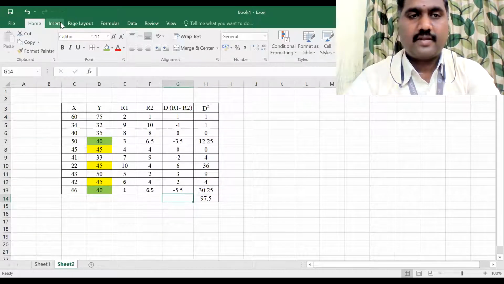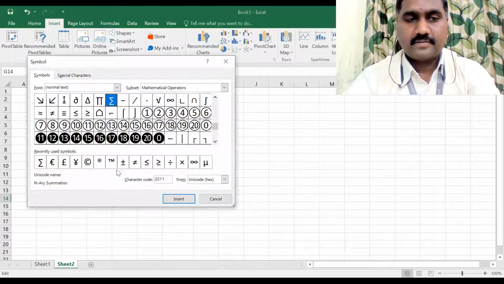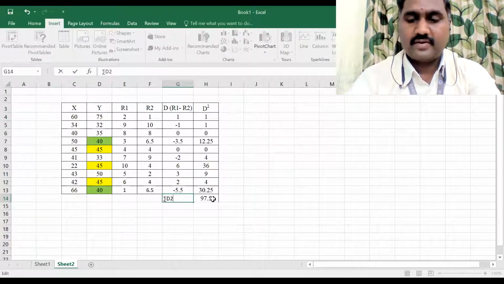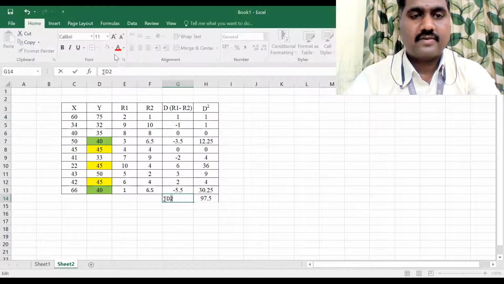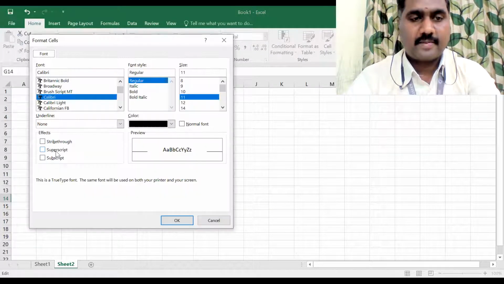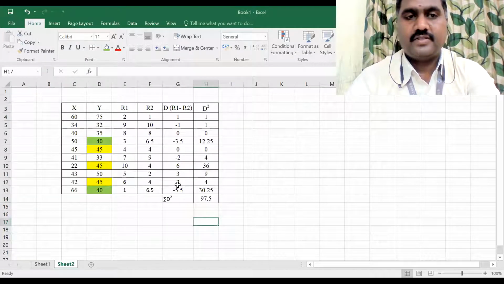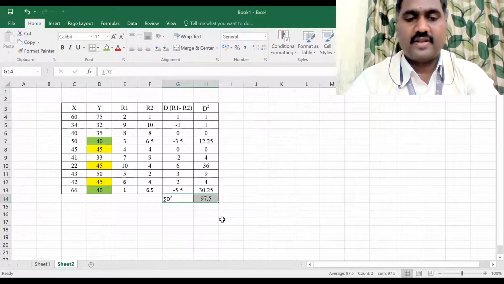So this is the summation of D square, with the square as a superscript. Now look at this problem. Everyone can understand the problem, right?